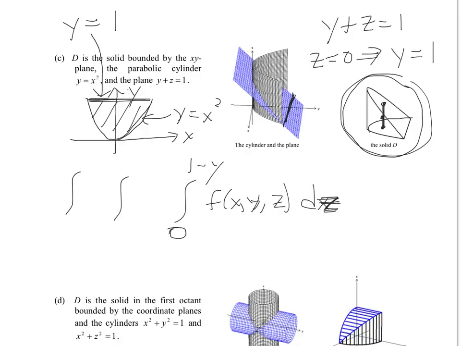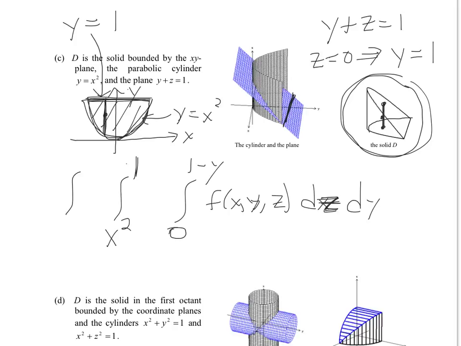So now for our outer two sets of limits, we need to set up a double integral that sweeps out this region. And I think it would make sense to integrate with respect to y next. So consider an arbitrary point inside of that region. Allow it to travel upward and downward in the y direction. As it travels downward, it hits the parabola y equals x squared. And as it travels upward, it hits the horizontal line y equals 1.